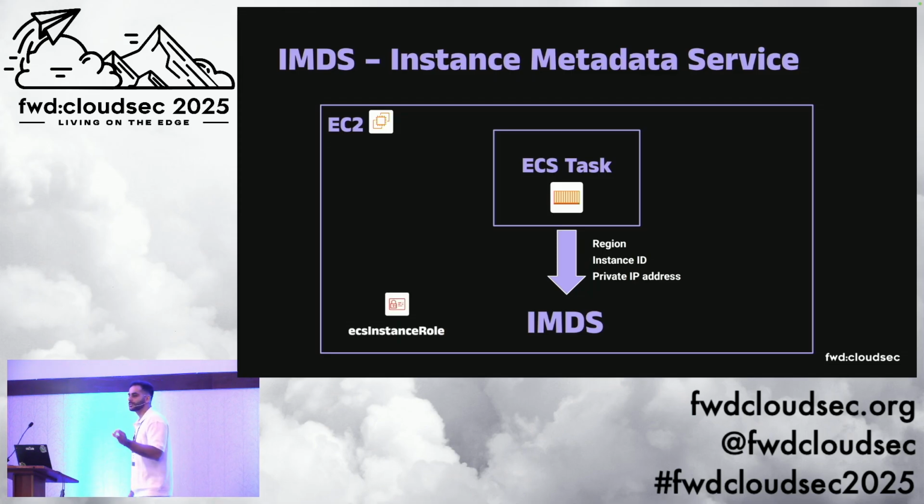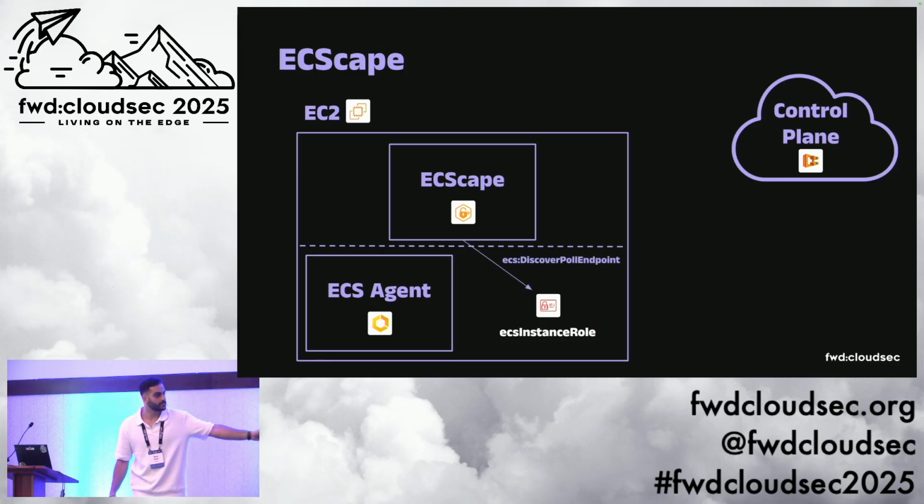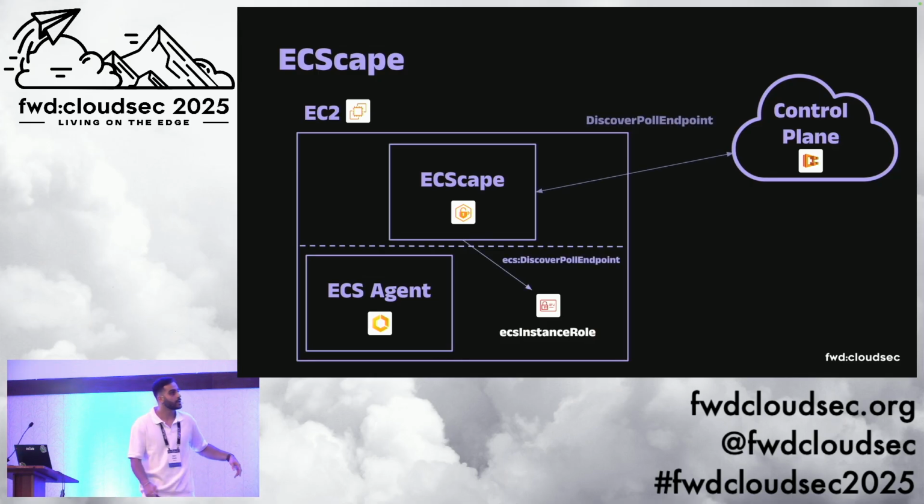In ECS, IMDS is enabled by default, and each running task on the instance can access it, which means that from each task, I can use IMDS and get the credentials for the ECS instance role, the same one used by the ECS agent. Using this technique, I can get the DiscoverPollEndpoint permission, and get back the poll URL.